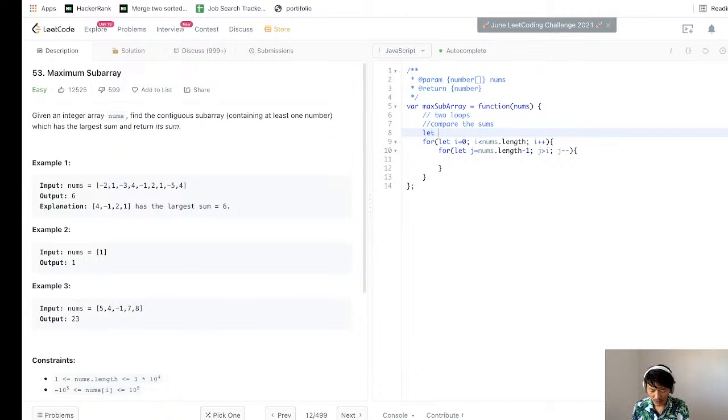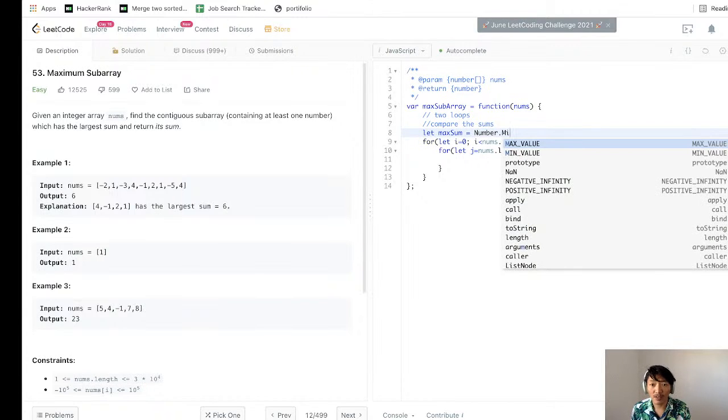So what I'm really going to do is let maxSum equal Number.MIN_SAFE_INTEGER. I think this is the correct one.